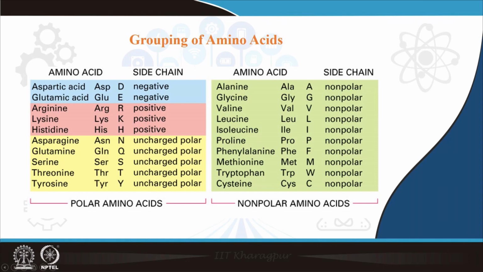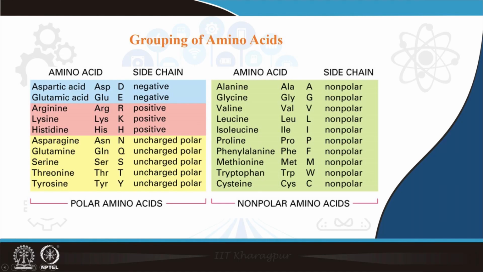These are the acidic amino acids, right? We look at arginine, lysine and histidine. Now this is where there is one change at times, where the histidine at times occurs in the positive set and at times occurs in the uncharged polar set.